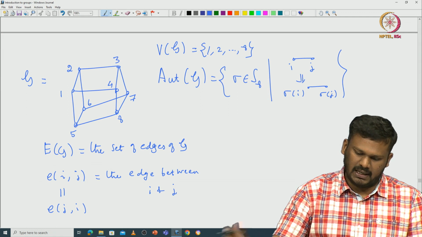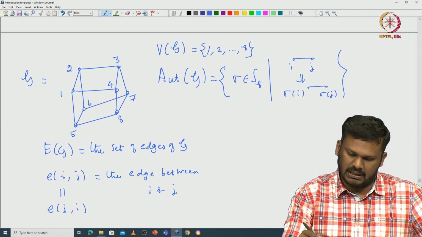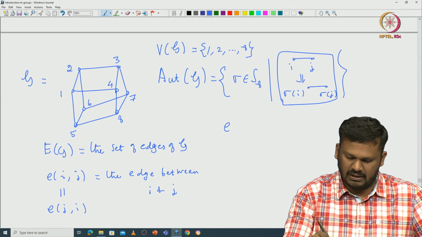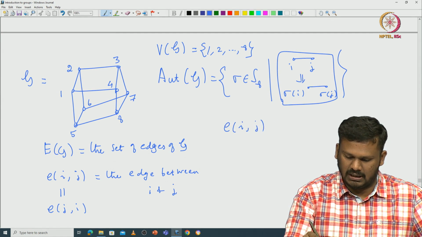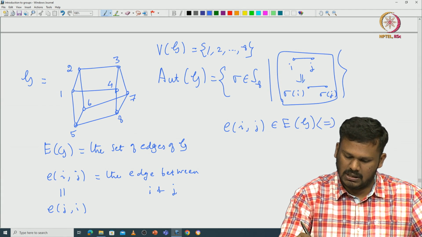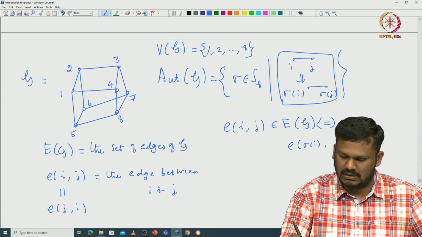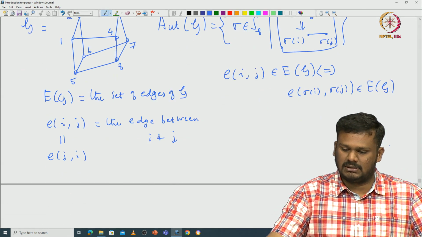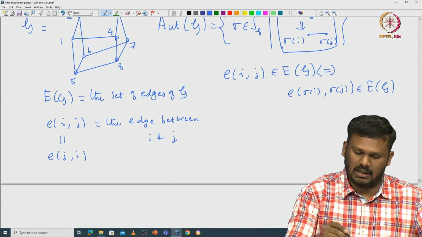So, now you can see that the condition that I have written here is the same as saying that whenever E of i comma j is an edge of this graph, if and only if E of sigma of i, sigma of j is also an edge of this graph. So, that is a very important condition for the automorphism.